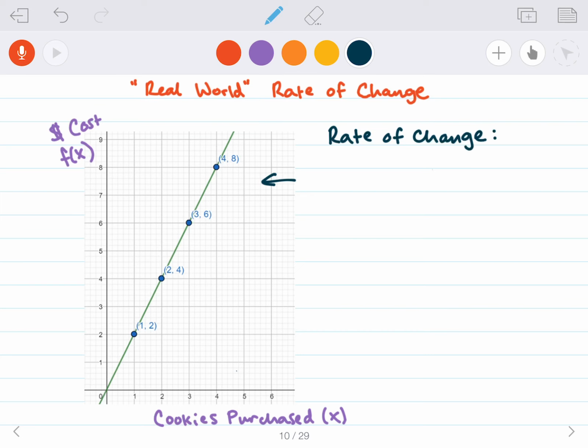So on our y-axis, we have the cost in dollars. If we try to find the slope of this line, if we do rise over run, we can certainly do that. If we use the formula, we can do that as well.